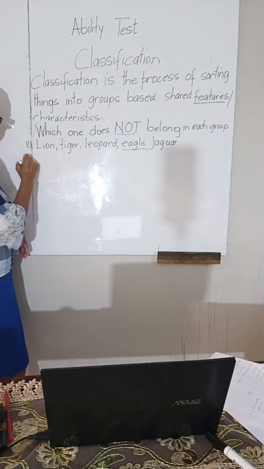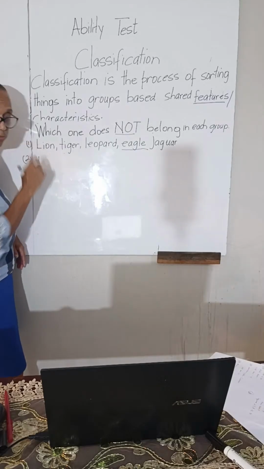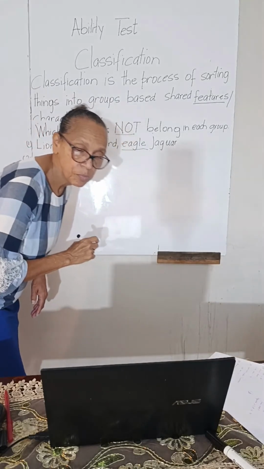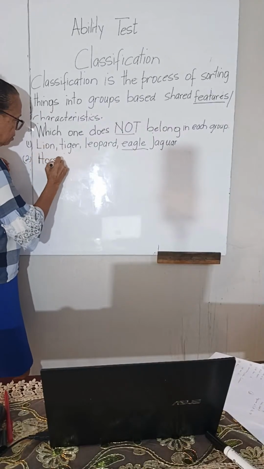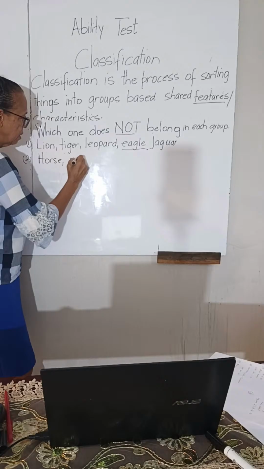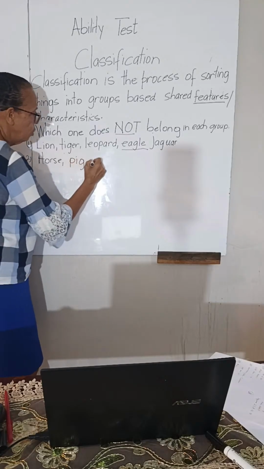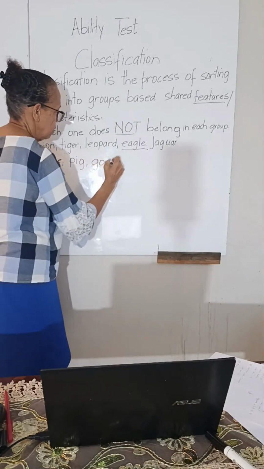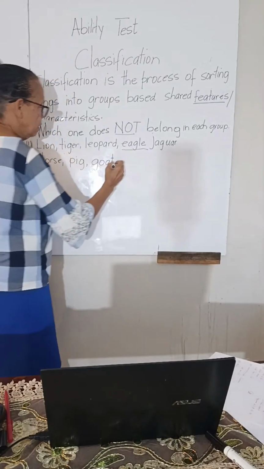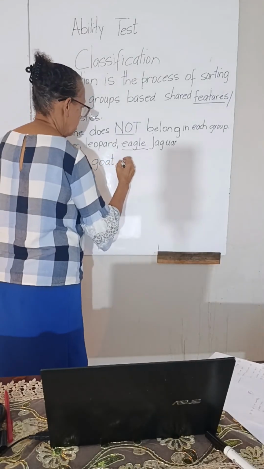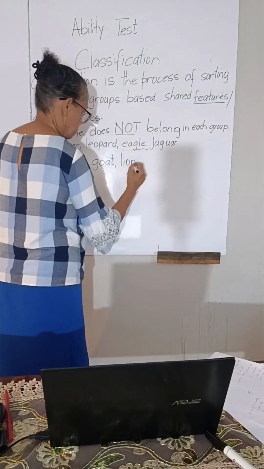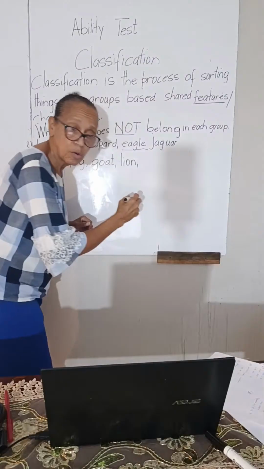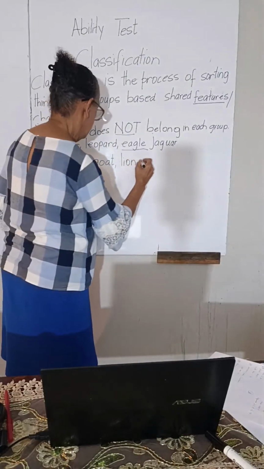Number two: horse, pig, goat, lion, donkey.